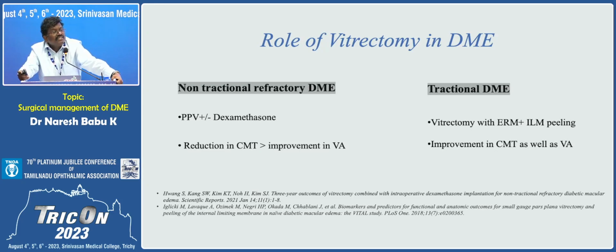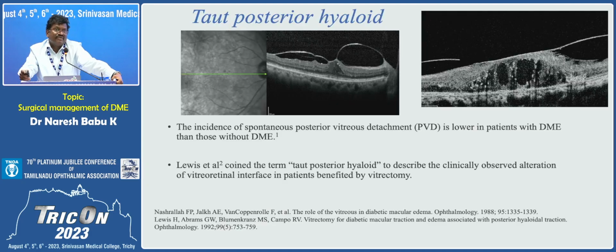That leads to reduction in the macular thickness as well as an improvement in the vision. But in diabetic macular edema due to traction, when you do a vitrectomy, we usually do the ERM peeling as well as the ILM peeling, and that leads to improvement both in the thickness as well as the visual acuity. Whereas in the previous one, the visual improvement is not that significant because everything has been tried.